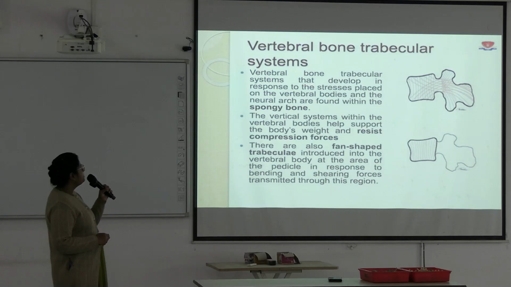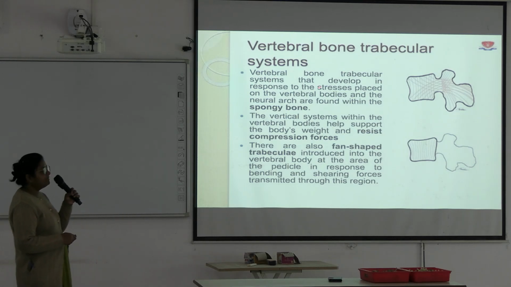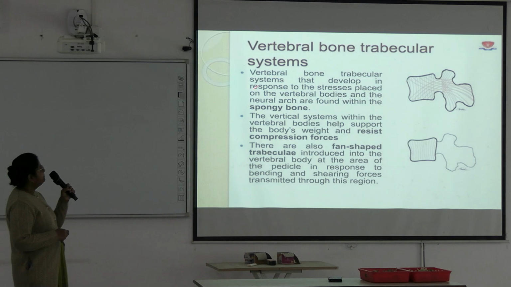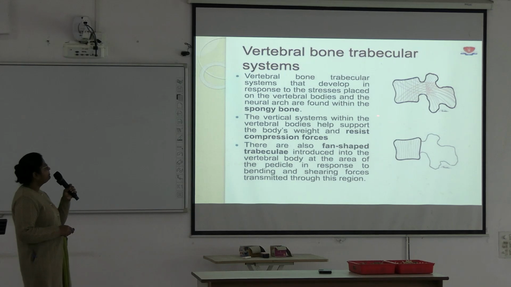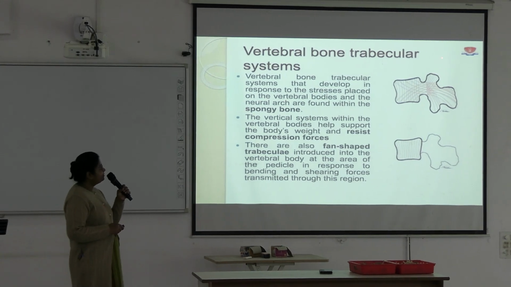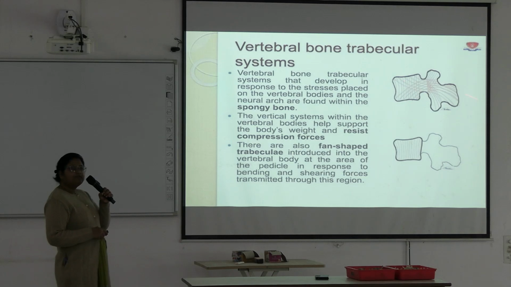In the vertebral bony system, there is a trabecular system that develops in response to the stresses placed on the vertebral bodies and neural arches, found within the spongy bone. So these are the trabeculae present in the vertebra.